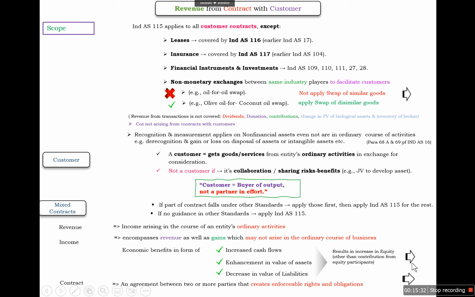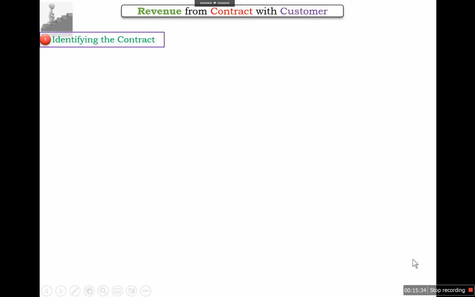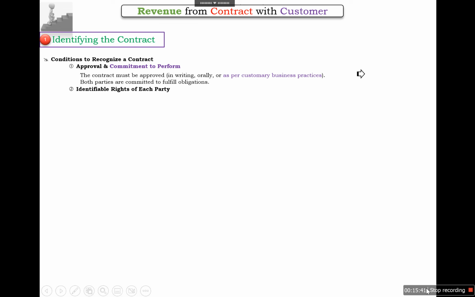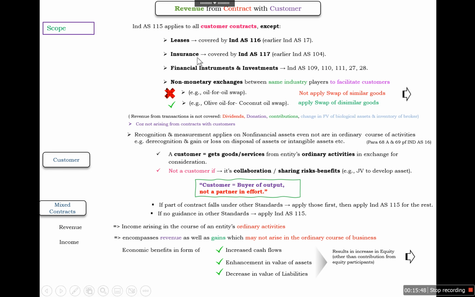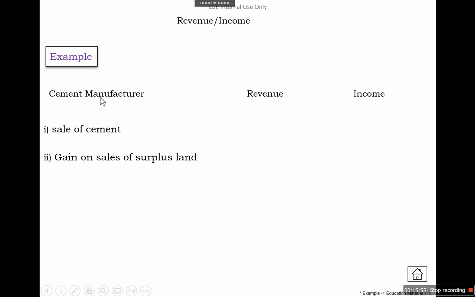So for example, there is a cement manufacturer and it sells cement, so it will be covered under revenue and also under income.